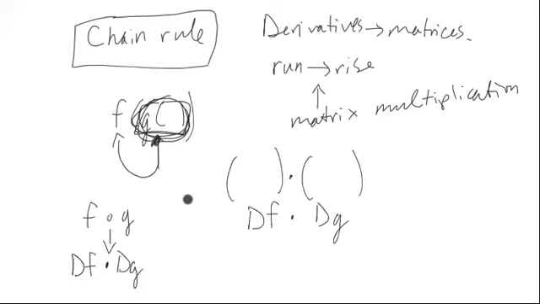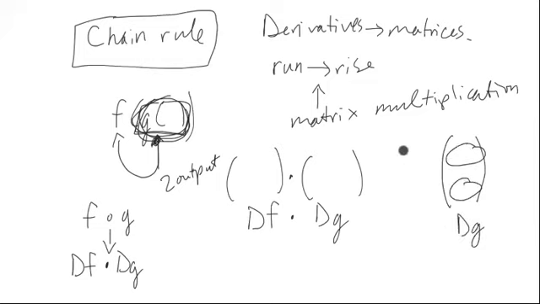Now, think about this for a minute. Let's suppose that g has two outputs. That requires that f will have two inputs. That's fine, because if g has two outputs, remember that outputs are always represented by rows. So if we have two outputs in dg, and we have two inputs for f, the inputs are now columns.